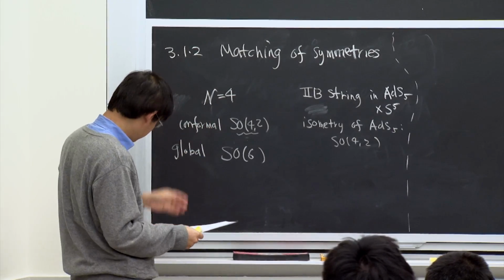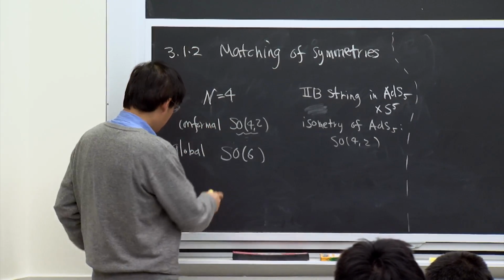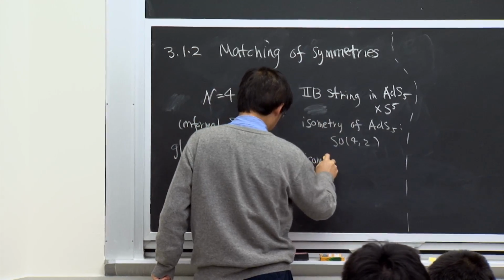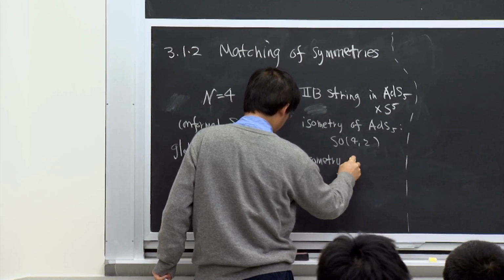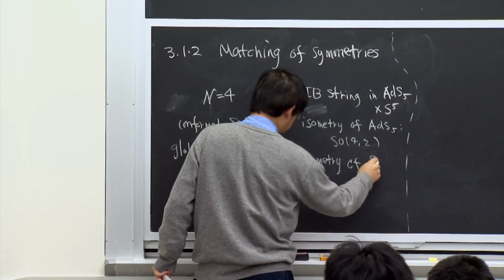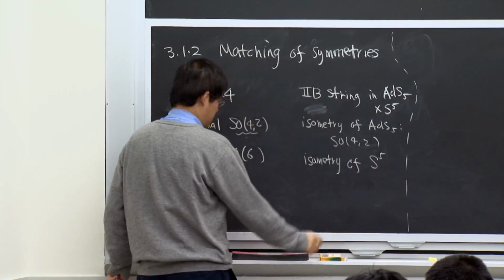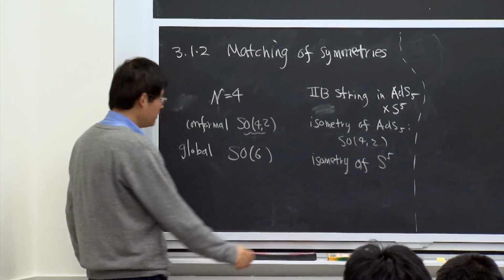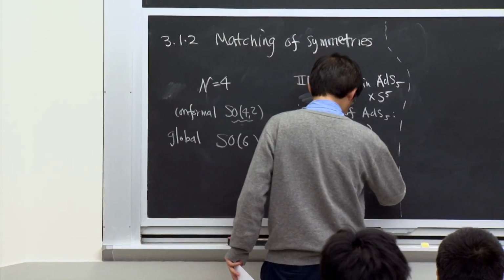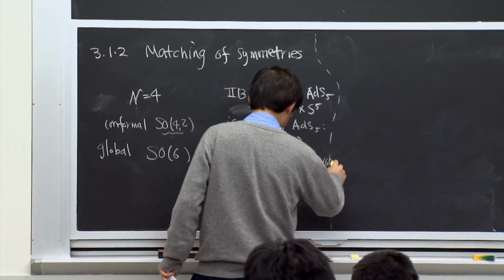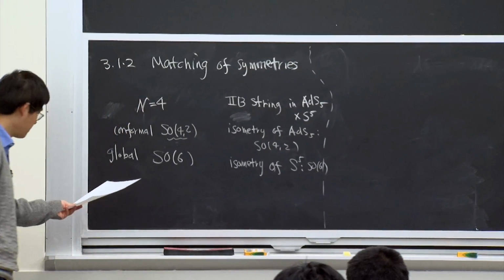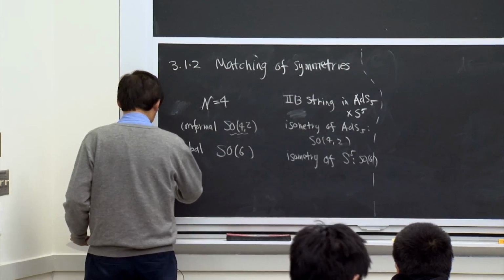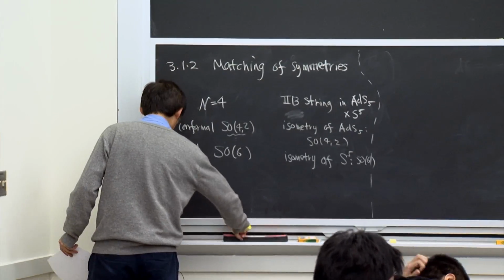On this side there is exactly the same symmetry, which is the isometry of S5. The isometry of S5 precisely gives you SO(6), so you have exactly the same SO(6). We will not be explicit, but you can also map the supersymmetry between them.